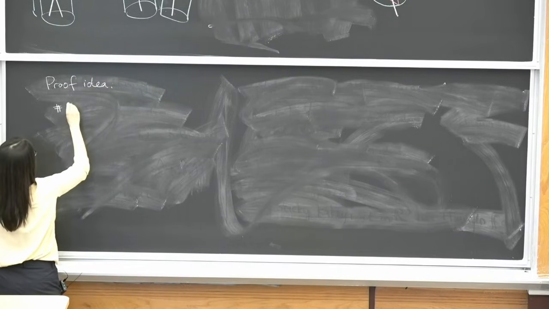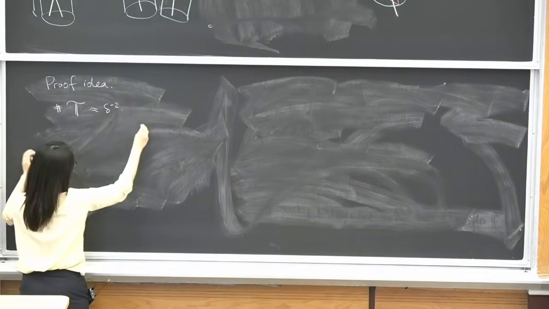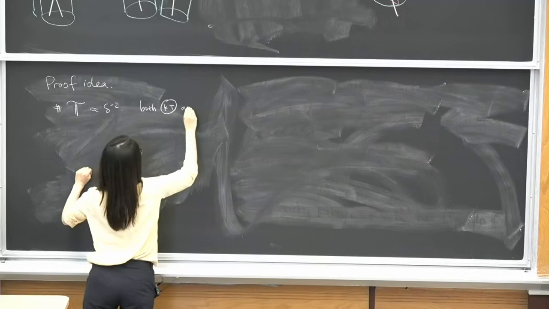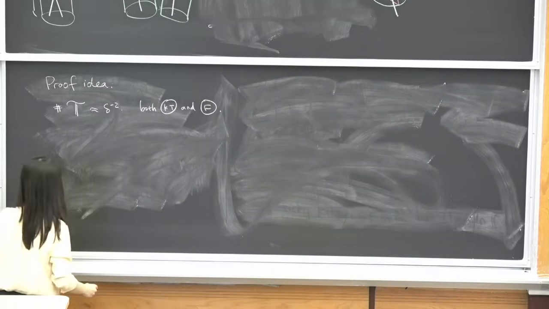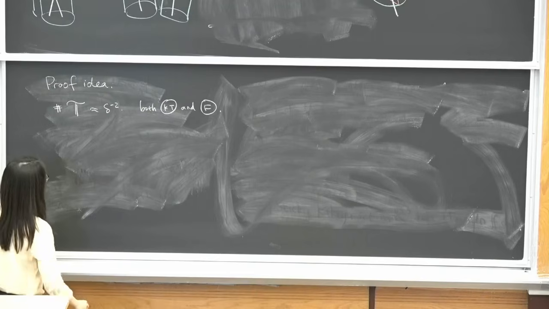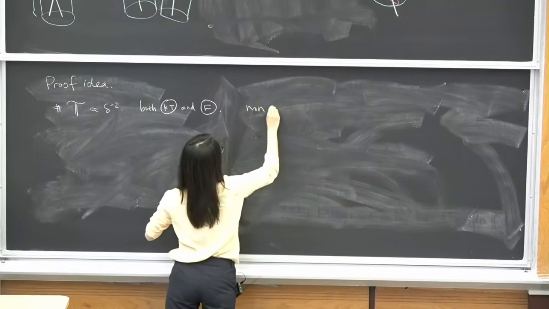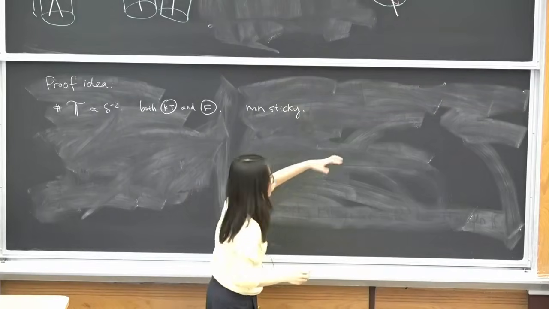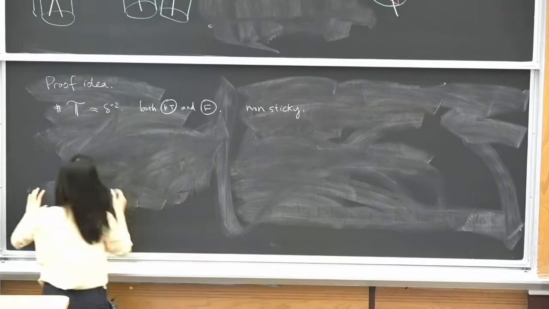Assume that the number of tubes is about delta to the minus 2, and so it's both Katz-Tao and Frostman. Also, assume that it's not sticky. Otherwise, we are done.